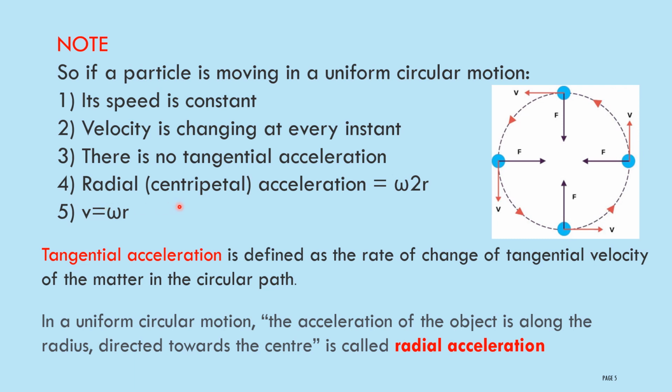Fourth point, radial acceleration is equal to ω²R. Then what is meant by radial acceleration? In a uniform circular motion, the acceleration of the object along the radius directed towards the center is called radial acceleration.